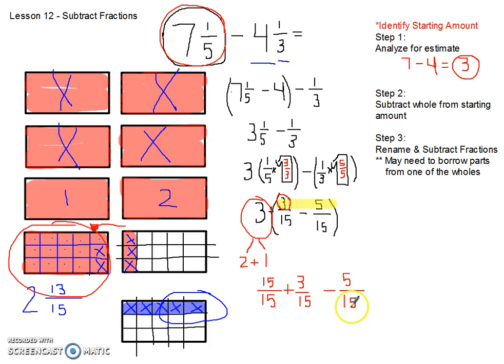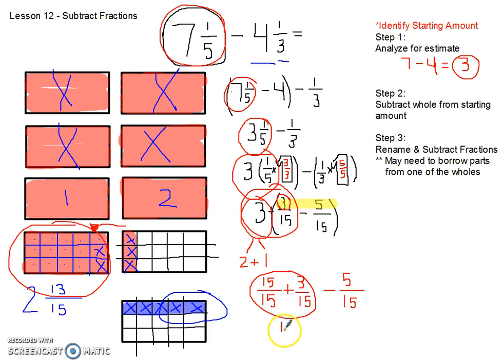And what you'll notice here is that all 3 of the denominators are the same, which means our wholes are equal size parts. So what I want to do is, since this 3 1/5 is my original amount, and I'm keeping my original amount the same, I want to rename my original amount first. So I'm going to do this first.